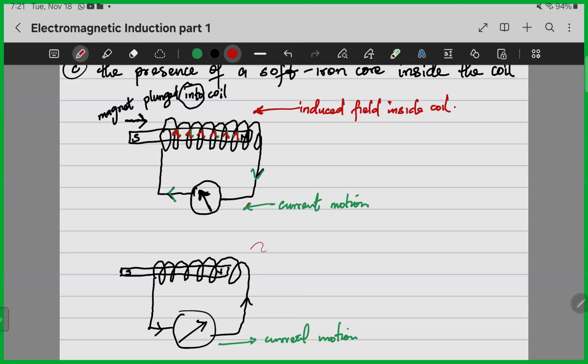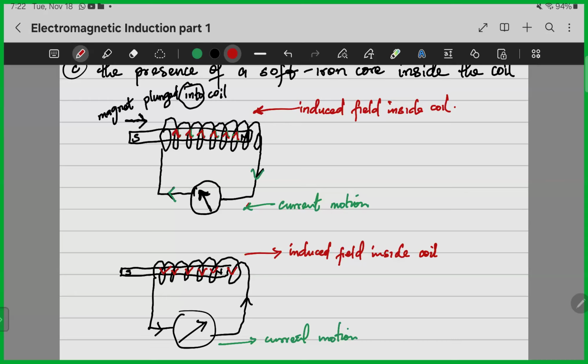The induced field will go like this too, and the motion of the coil this time is downwards, while the one above is going up.